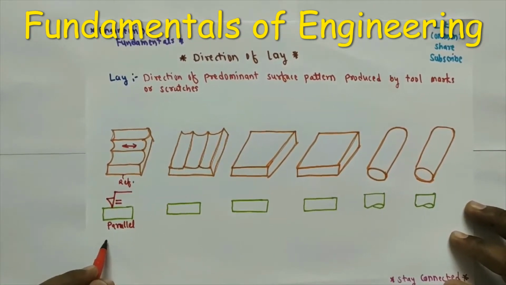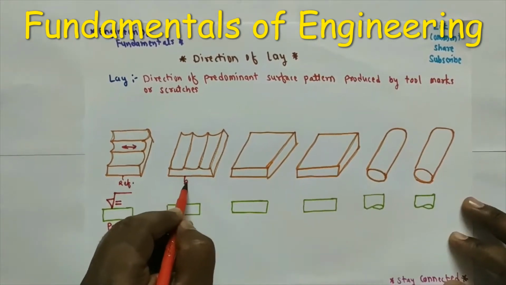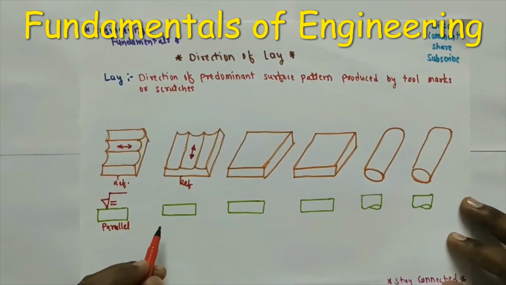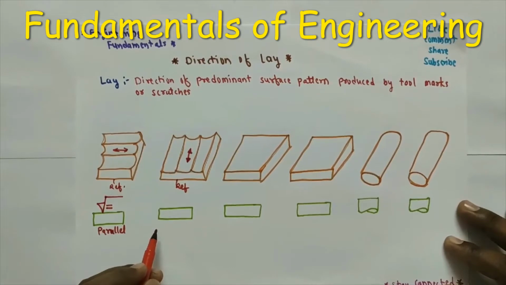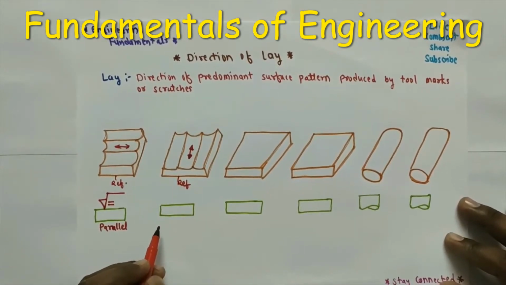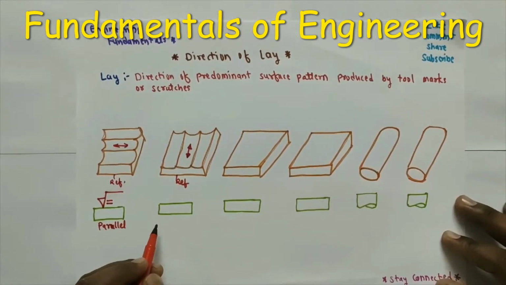This lay parallel we can get in parallel shaping, end view of turning and outer diameter grinding. Then the next lay, with this reference, is perpendicular: the predominant surface pattern is perpendicular to the boundary line of the nominal surface. So this lay is perpendicular to the line representing the surface to which the symbol is applied.